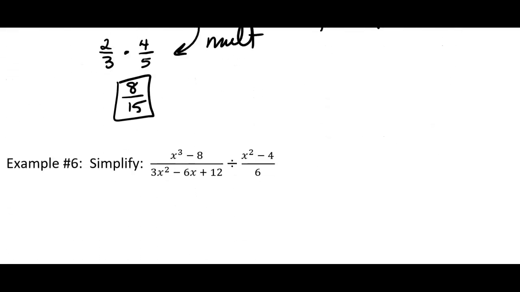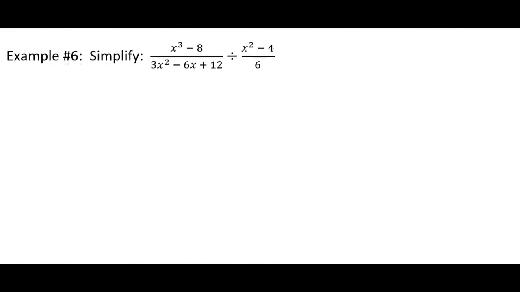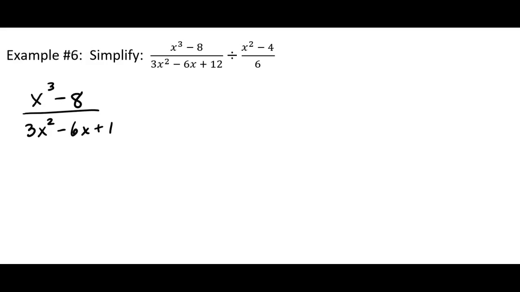Okay, now let's look at it with rational expressions. So the first thing I'm going to do is change it from a division problem to a multiplication problem. So I'm going to rewrite it, x cubed minus 8 over 3x squared minus 6x plus 12. Now, we know we're going to factor those, but I usually wait to do the factoring on the next step.